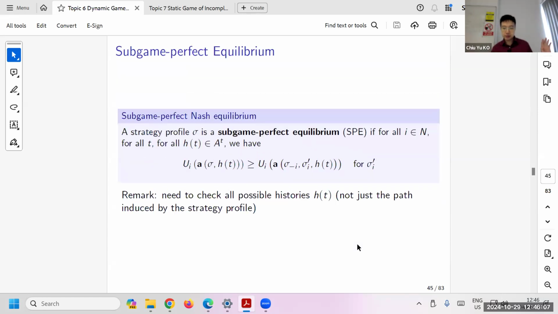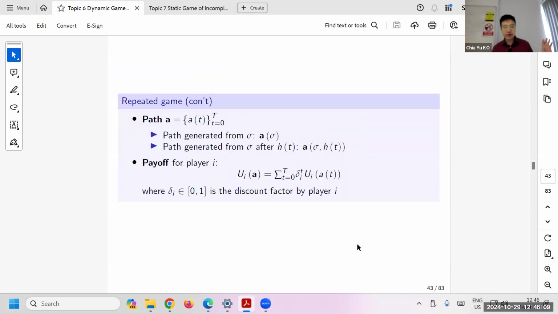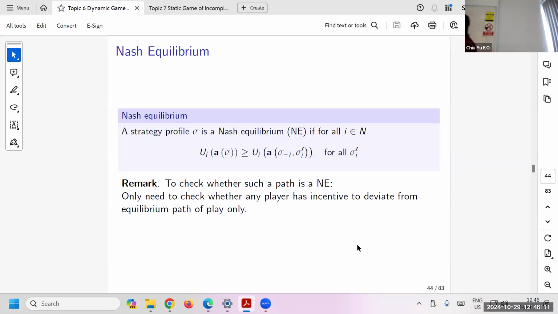But let us continue the definition. This is an important definition. Same as Nash equilibrium, you would just ask if you change the strategy, would you gain? And it turns out that we only need to check along the equilibrium path, the proposed equilibrium path, would any player have incentive to deviate, right?